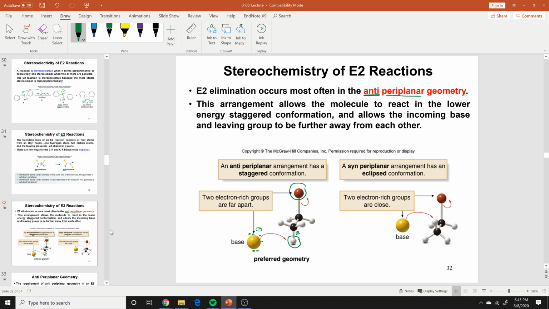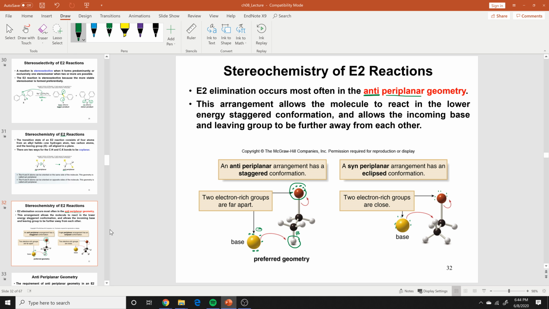So this is the beta hydrogen over here. If the hydrogen is on the same side as the leaving group, be it bromine, chlorine, or iodine, it doesn't matter. The leaving group has a lot of electrons, and the base has a lot of electrons.